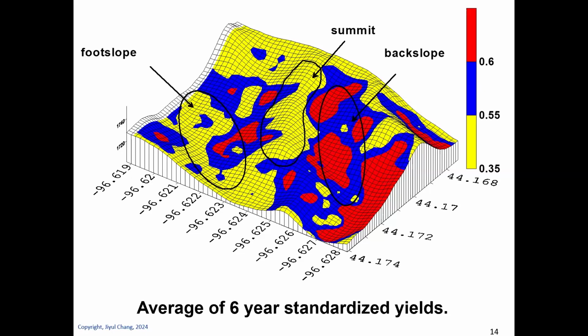Roughly based on the landscape, we can classify three different yield zones: this is low, this is medium to high, and this is the intermediate. So the multi-year yield value is very, very important and useful to make the variable rate nitrogen application map.